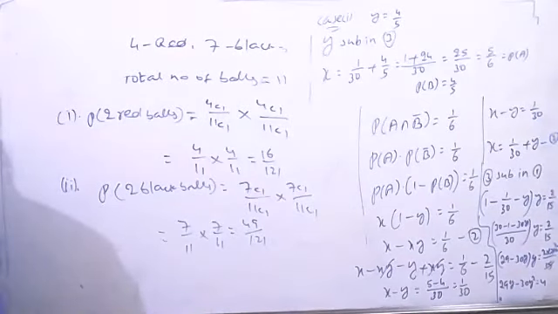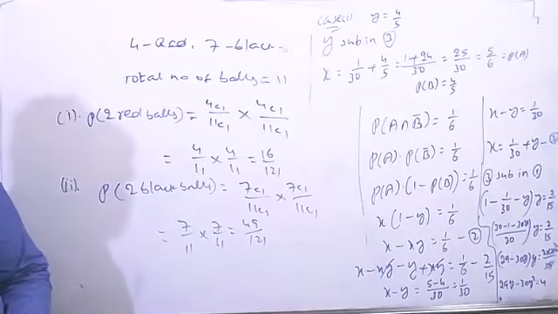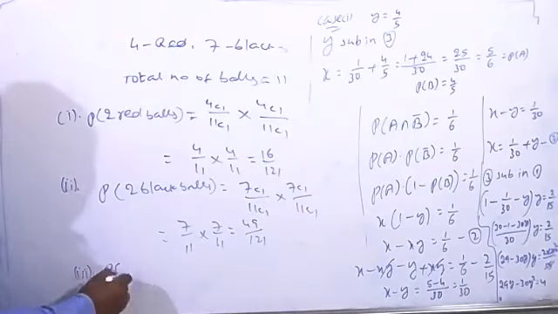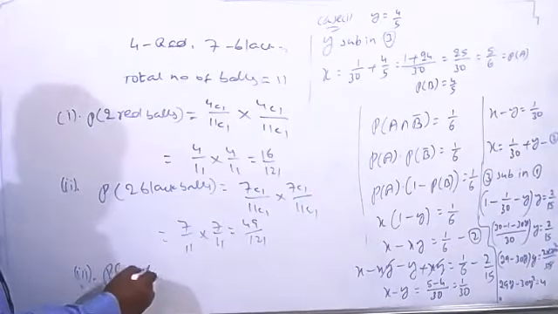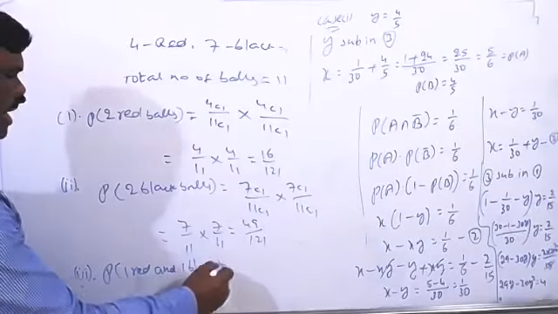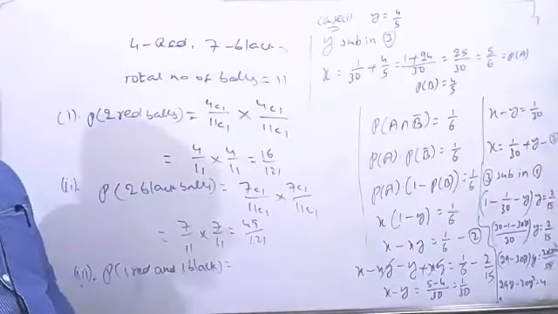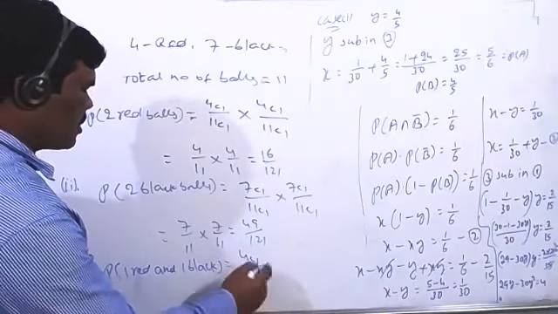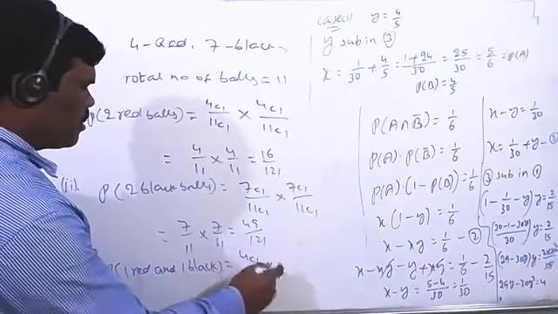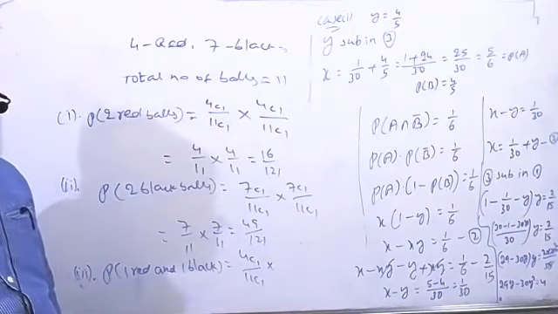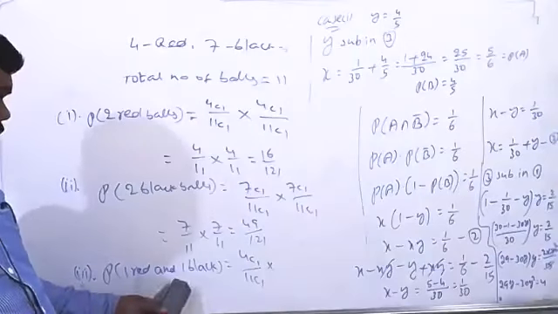Next, one red and one black, third one. So the probability of one red and one black ball. First one is the red. Then what do you get? Tell me now. It is 4C1 by 11C1, into the second one, one more thing, the black ball.